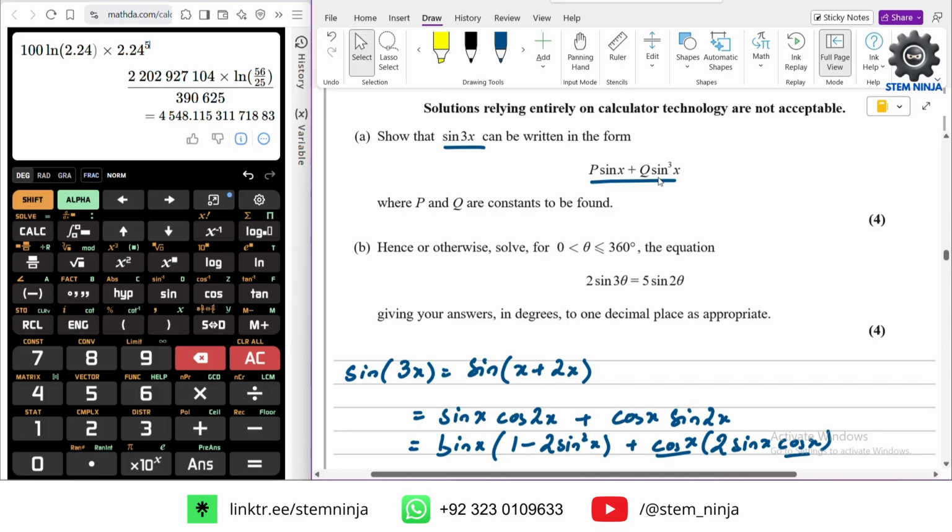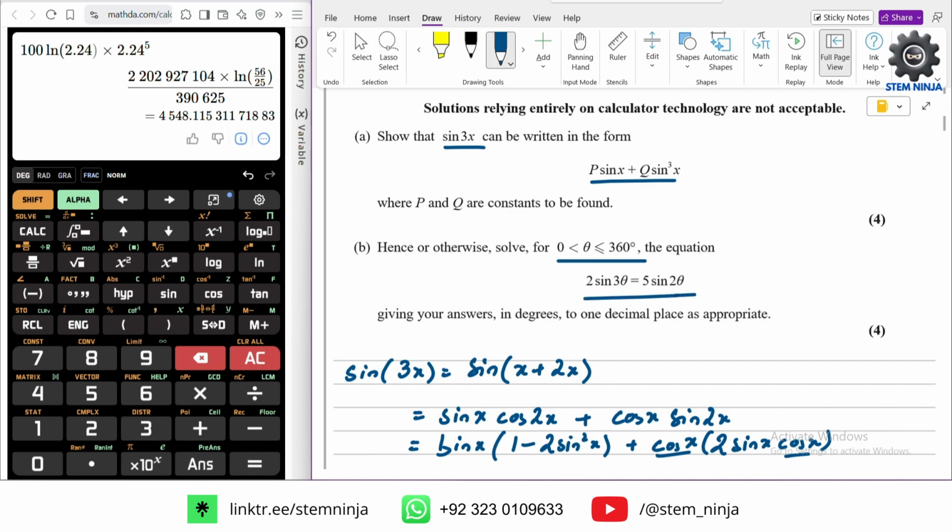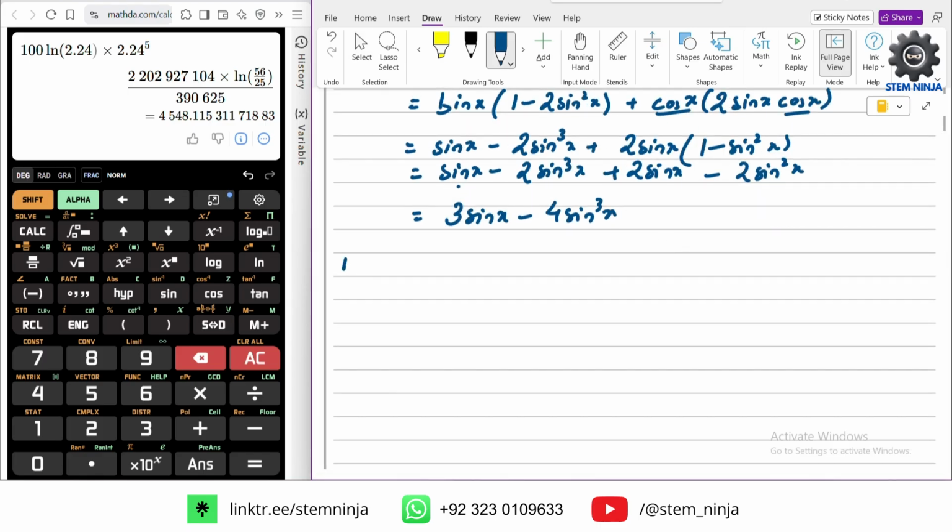Right, okay. Hence or otherwise solve for 0 to 360 the equation 2 sine 3 theta equals 5 sine 2 theta.